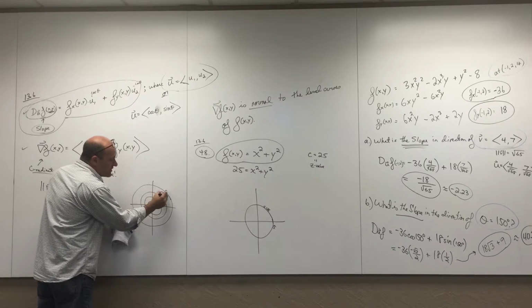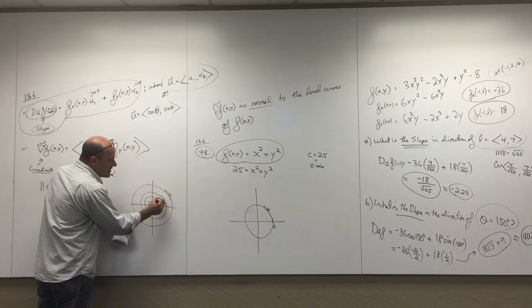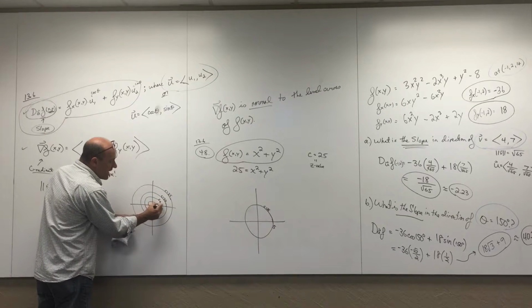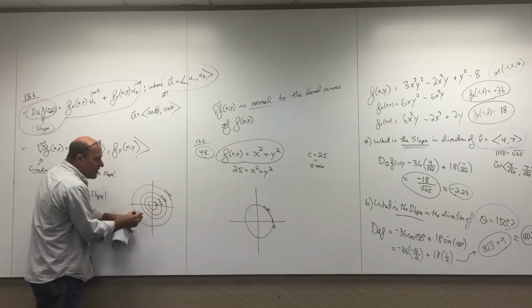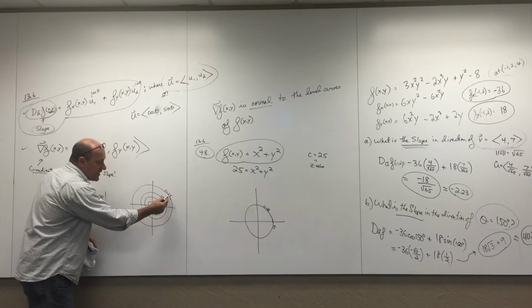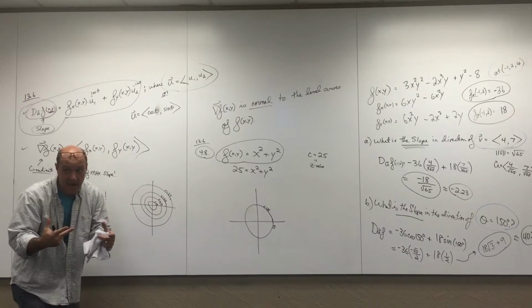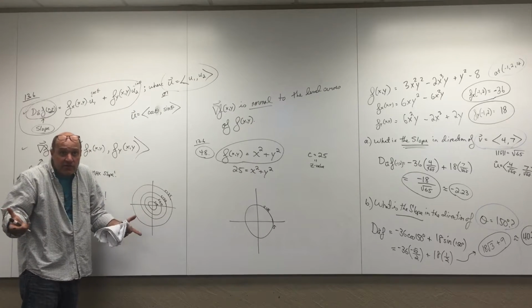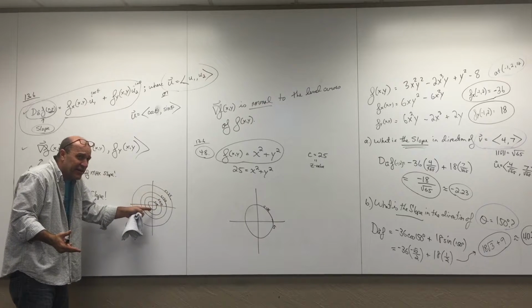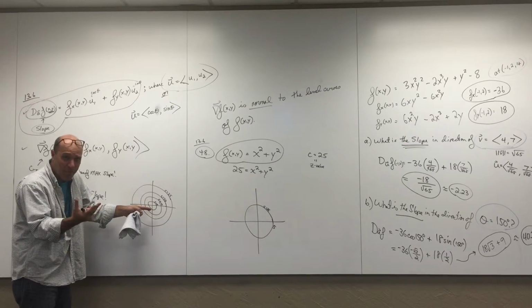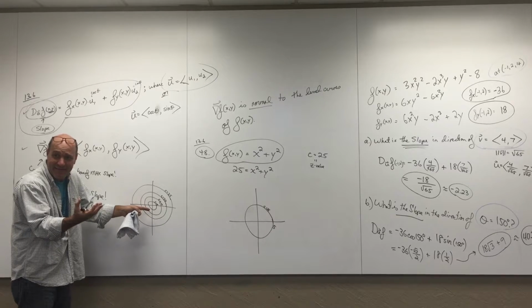See, now if I call this C equals 25, C equals 20, C equals 10, C equals 5, now that means the C values are getting less toward the interior. Those C values are Z values, which are heights. So the heights are getting less in here. This must be a bowl or a valley. Right.